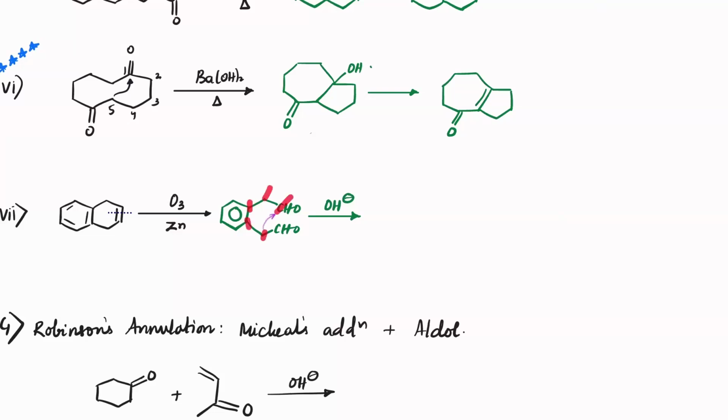So a 5-membered ring like this way. Here we will have an alcohol, and at this position we have a CHO. And that on heating will give a double bond and CHO. So this is the product formation.